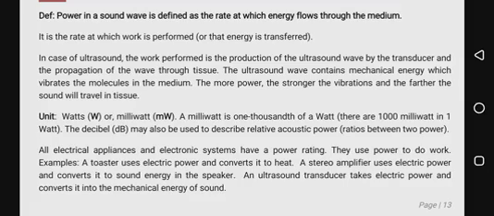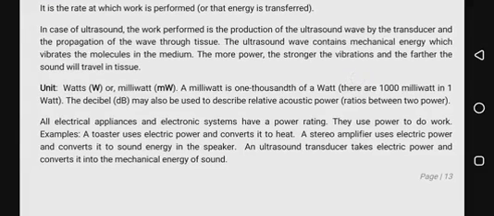So in ultrasound, the work performed here is the production of sound wave by the ultrasound, its propagation through tissue. So the ultrasound wave contains mechanical energy which vibrates molecules in the medium. Now the more the power, the stronger the vibration and the farther the sound will travel.